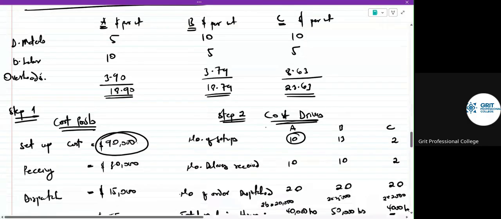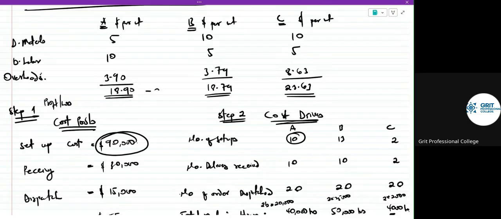It also says you calculate the profit per unit, so we just deduct the selling price. So we are going to deduct the selling price of 20 from this, from this, and from this. All right, so selling price is 20, the cost is 18.9.